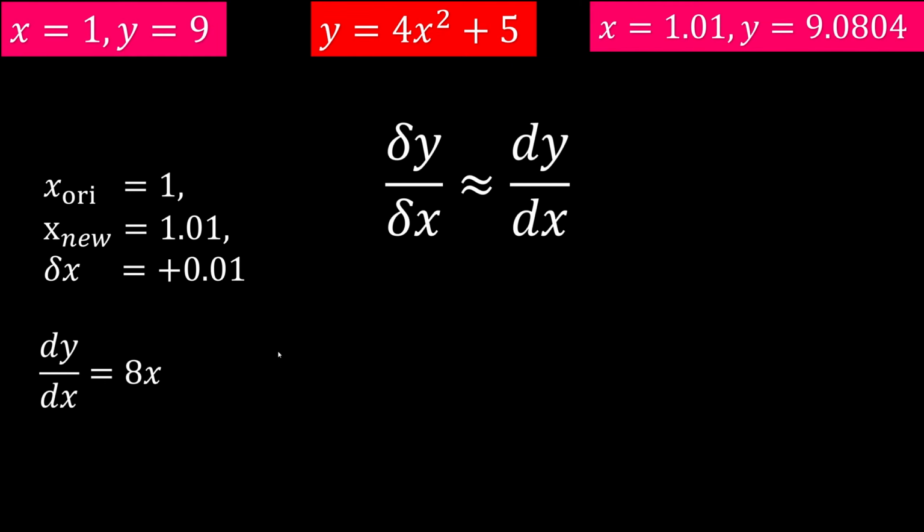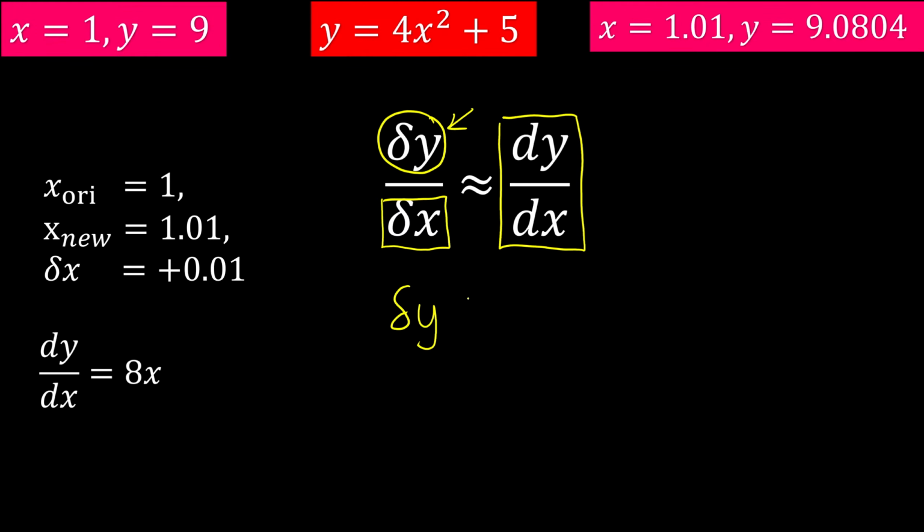Now we're going to look at how to find the small change in y, because this is what we are curious about. What happened to y when we experience a small change in x? And we are using differentiation as an approximation tool. In order to find delta y, we move the delta x over there.